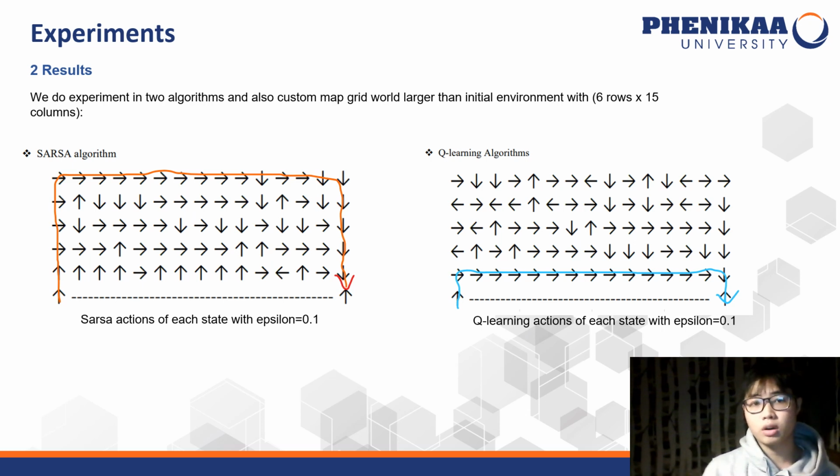We also customize the map with a larger grid than the initial environment, with 6 rows and 15 columns.